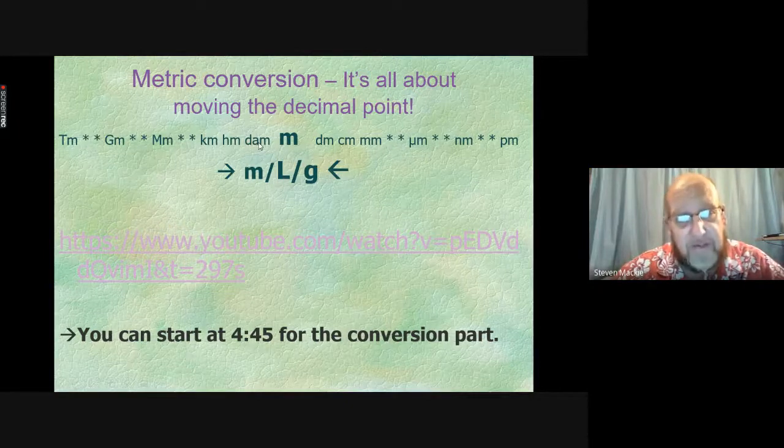For the multiplication of 10, it's called deca. For a multiplication of 100, it's called hecto. For multiplication of 1,000, it's kilo. But there is no prefix for 10,000. There's no prefix for 100,000. There is a prefix for 1,000,000, but there's no prefix for 10 million, 100 million. There is a prefix for 1,000,000,000. There's no prefix for 10 billion.